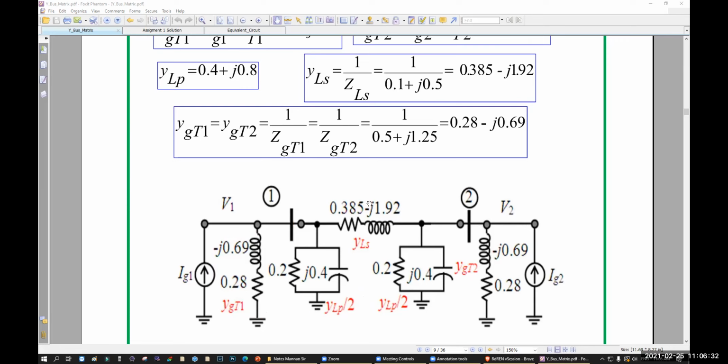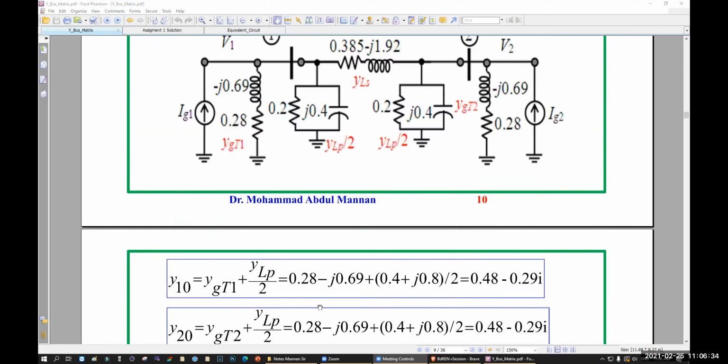See this one: 0.28 minus j0.06, 0.69, and 0.4 by 2, that means 0.2 actually, 0.8 by 2, that means 0.4 actually. So you got 0.48 minus j0.29 for your y10.